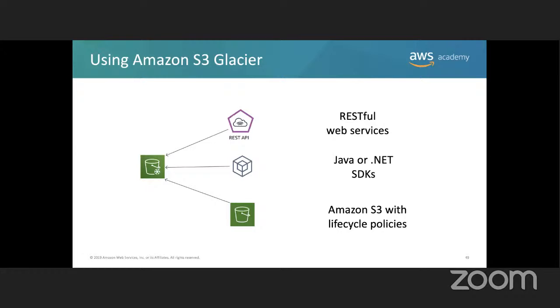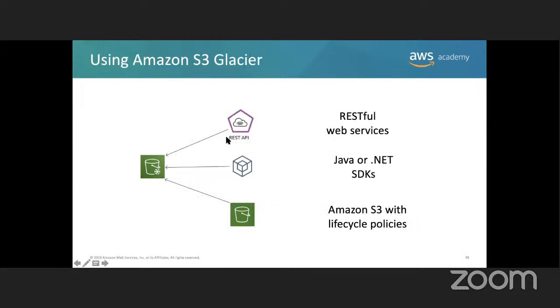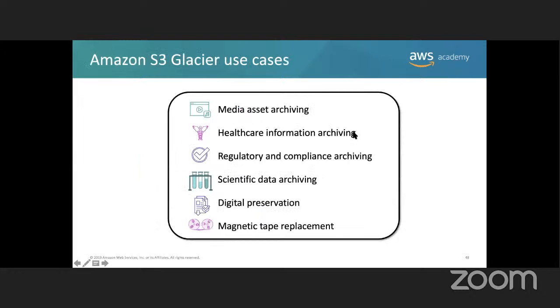Well, you can use RESTful web services, representational state transfer, that uses URLs. You can use Java or .NET SDKs or Amazon S3 with Lifecycles. That's how you can manipulate archives in S3 Glacier with these 3 ways.